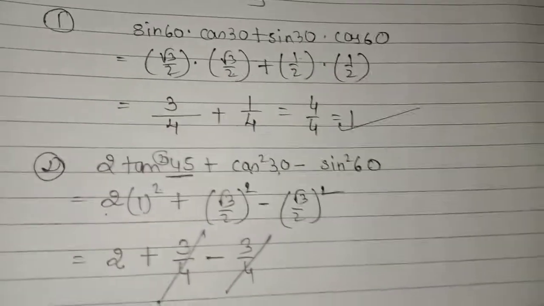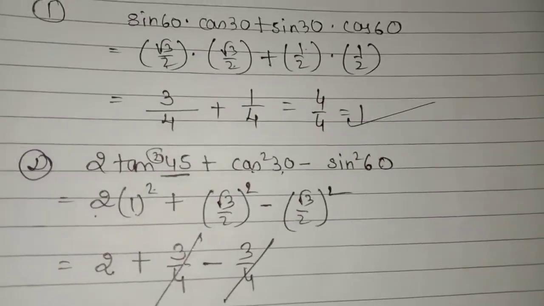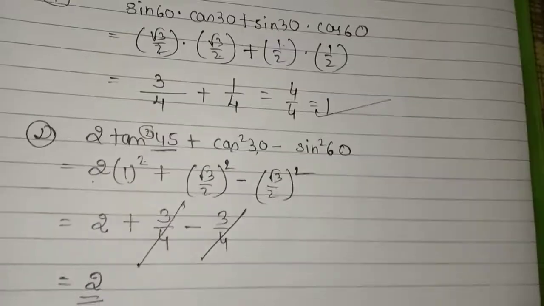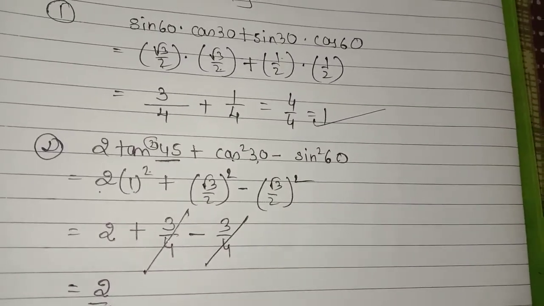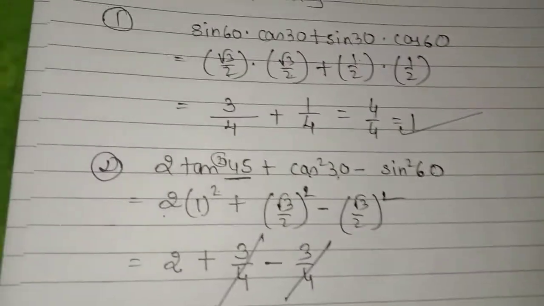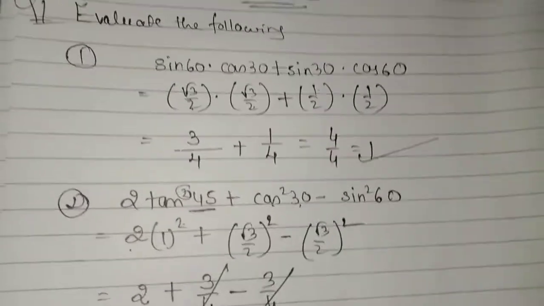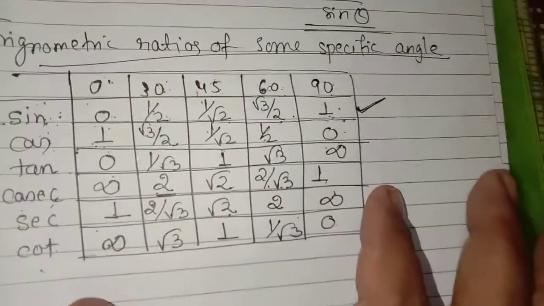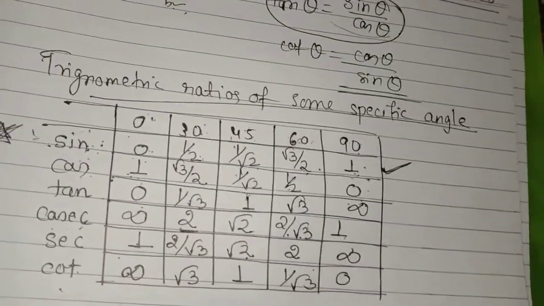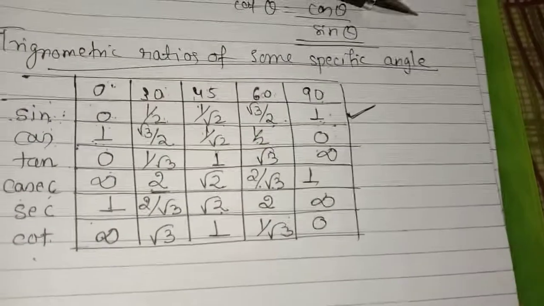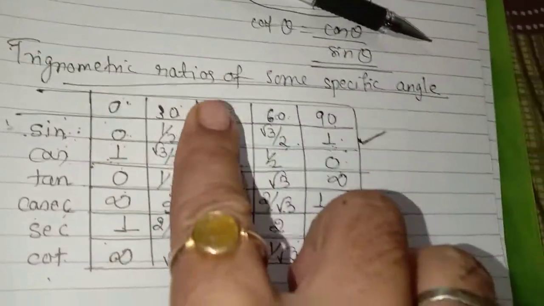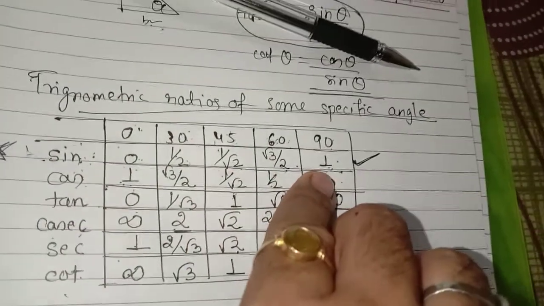So in my next segment, when we meet, we will solve some questions based on trigonometric angle values. First of all, whatever table we have done today, please try to learn the table by heart. Take your time. We have enough time. I am giving you around 24 hours to memorize the table. It is very easy. As I told you, just remember the value of sine.